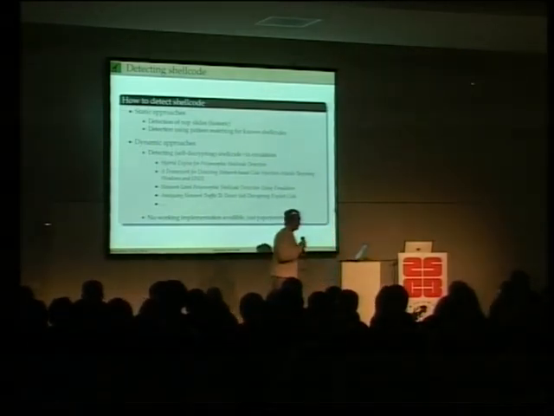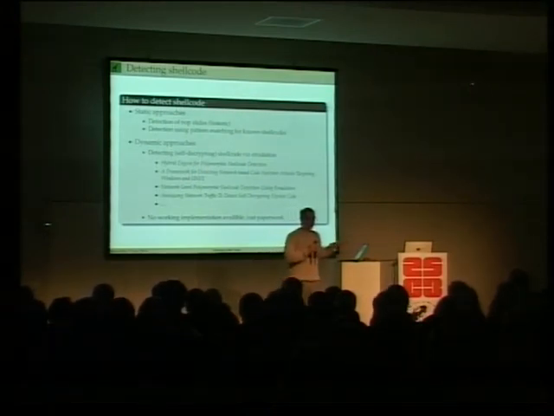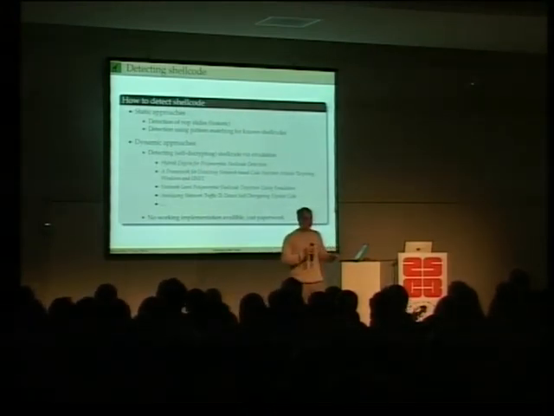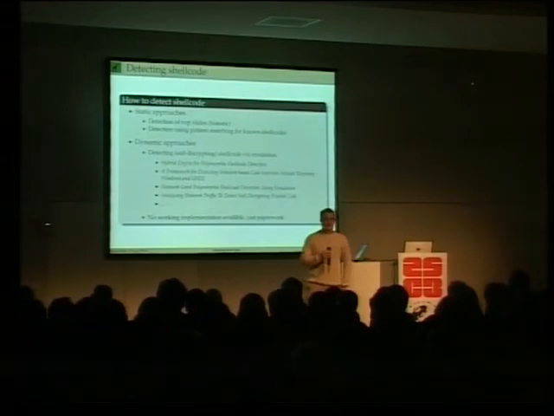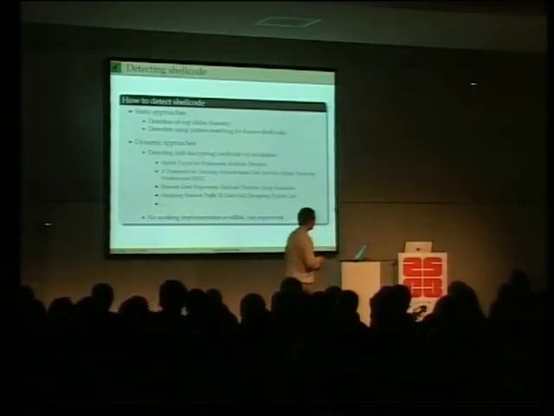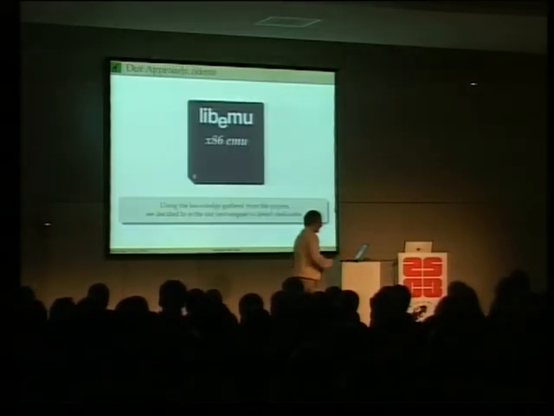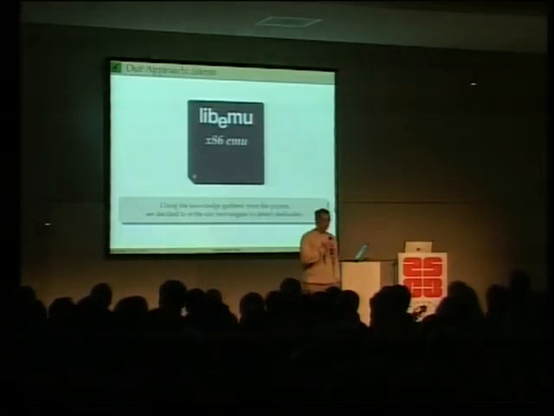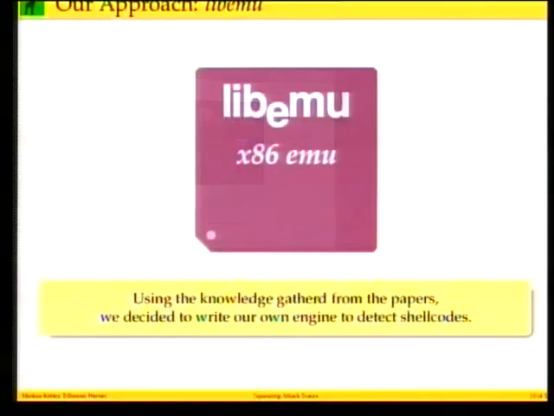The problem about this was that it was all just paperwork. They just said it works, and we did some research on it, but nobody published code. So we had to do our own. We started a project called libemu. We took the knowledge gathered from the papers to implement a small x86 CPU to detect shellcode in network streams.